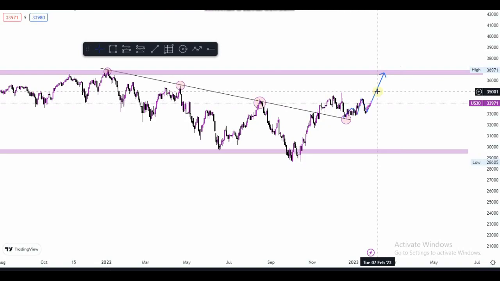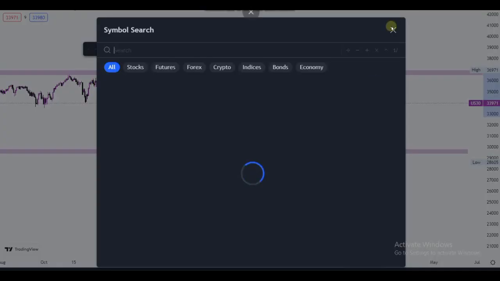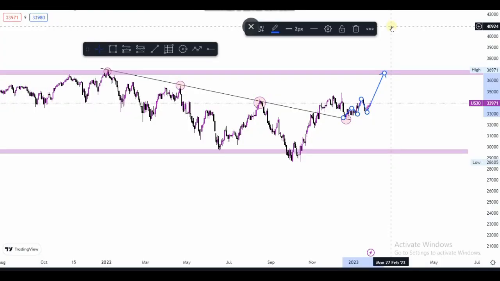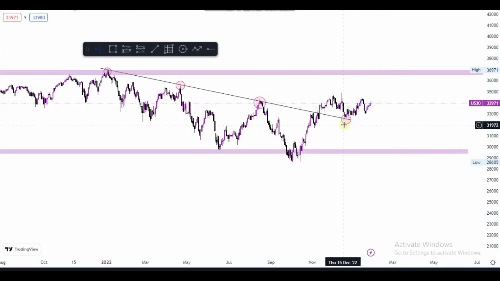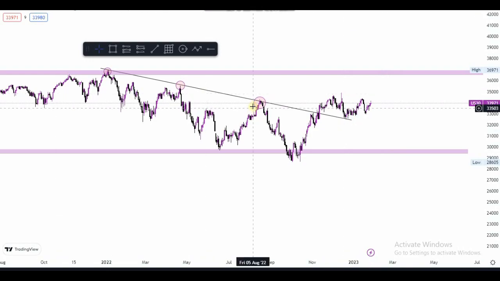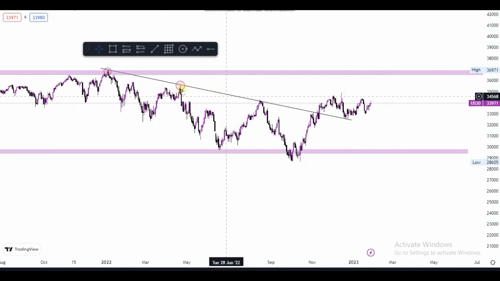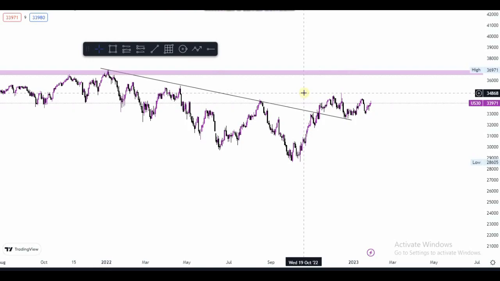So I'll just remove this arrow over here. Sorry about that. We just move this arrow right there, and then also remove the circles just to make our charts cleaner and see what the market is showing us. I'll just also remove this level right here just to make our charts a bit cleaner.